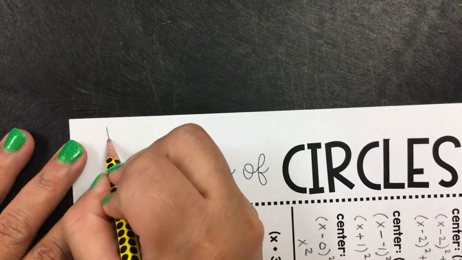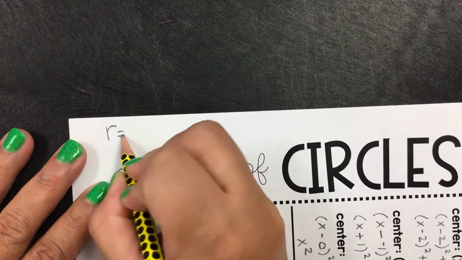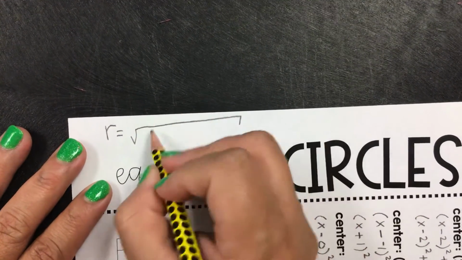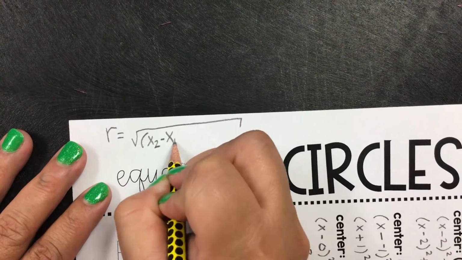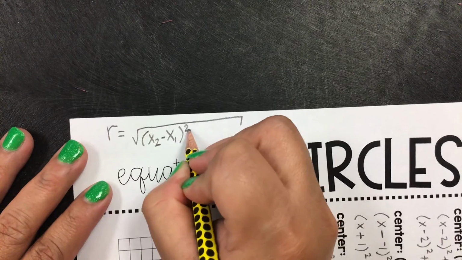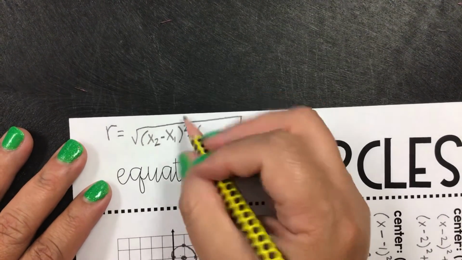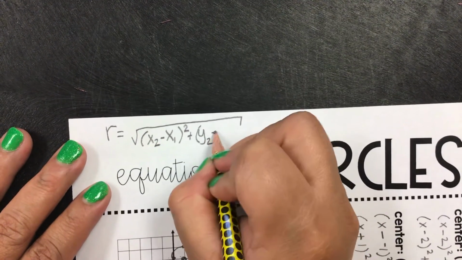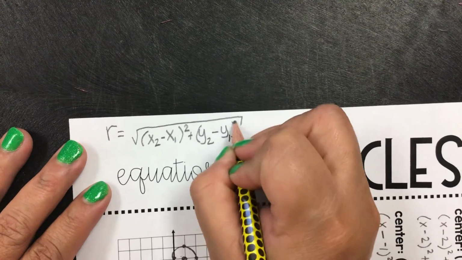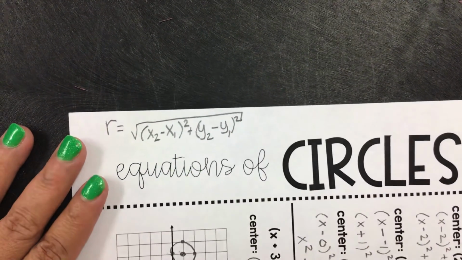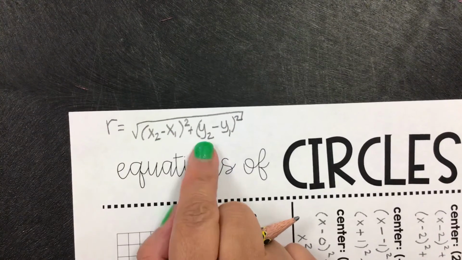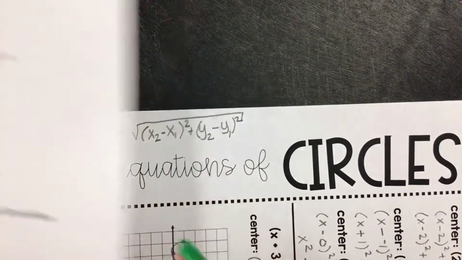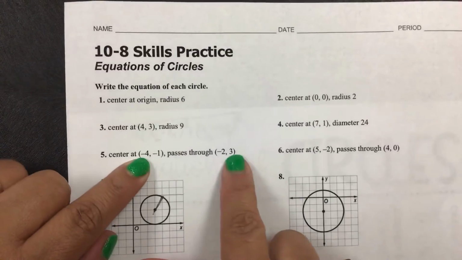And here I'm going to say that the radius is equal to the distance formula, which was the square root of x2 minus x1 squared plus y2 minus y1 squared. So I'm going to mention this again. You will need the distance formula to find the radius, and that's why I called it r. From this point to this point is going to give you the radius of the circle.